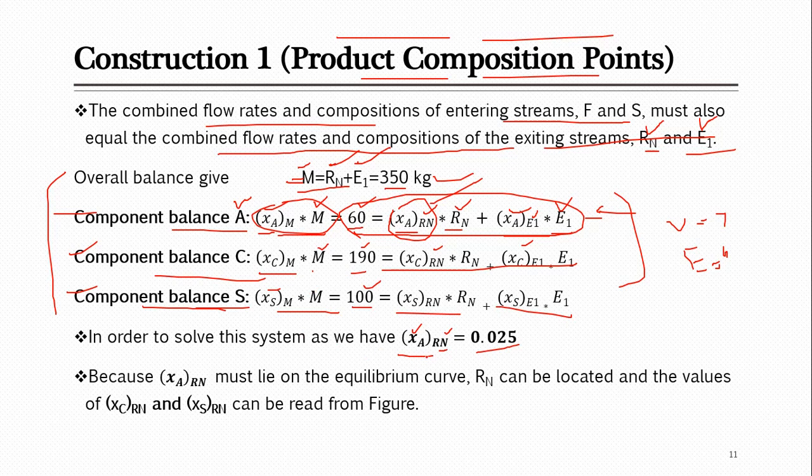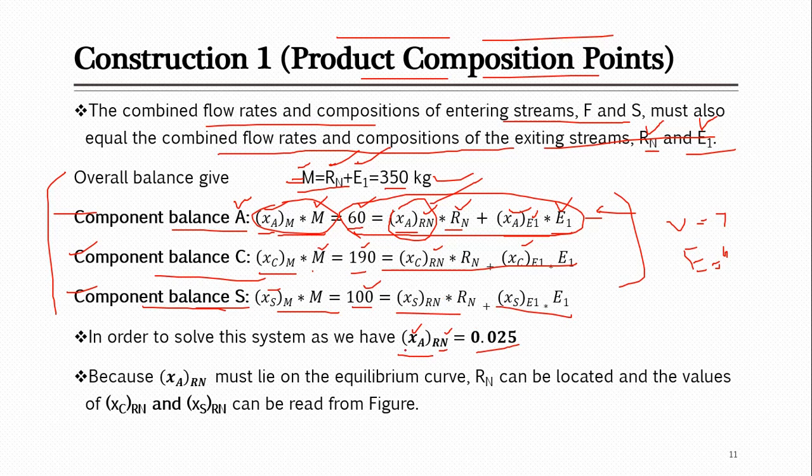With this xARN, what is this? This is the mass fraction of one component A, and its main amount is living in the raffinate. So from the last lecture you remember that from the plait point, one side of the binodal curve is actually raffinate and the other side is extract.